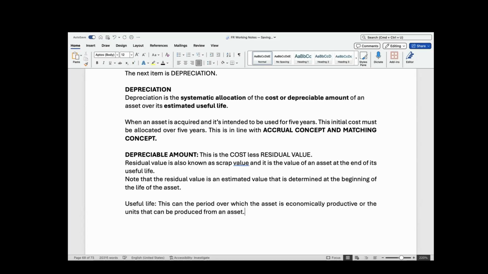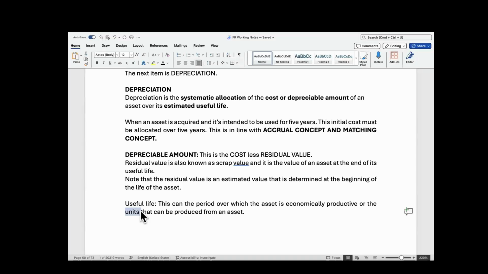So useful life can either be the period over which the asset is economically productive, or the units that can be produced from an asset. Don't see useful life as just number of years. It can also be number of units.